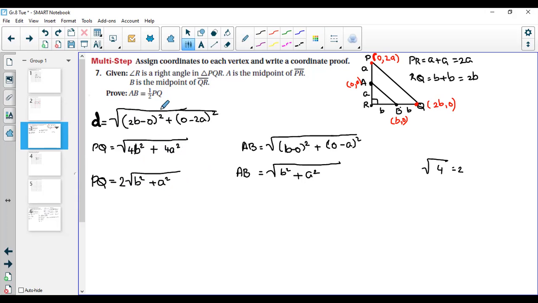Now we have to prove that AB is half of PQ. So here, you know, half means divide by 2. So that's what they're doing here. So you can say, since the whole root of b square plus a square equals half of, means you multiply, you know that. I forgot to write the 2 here.